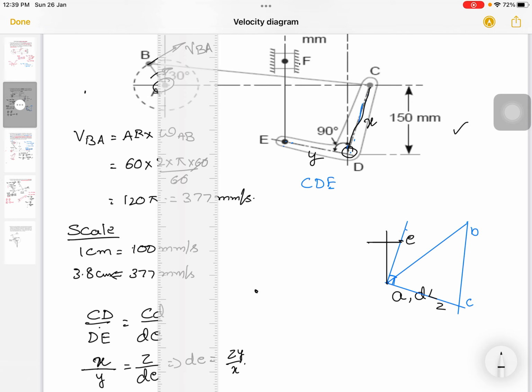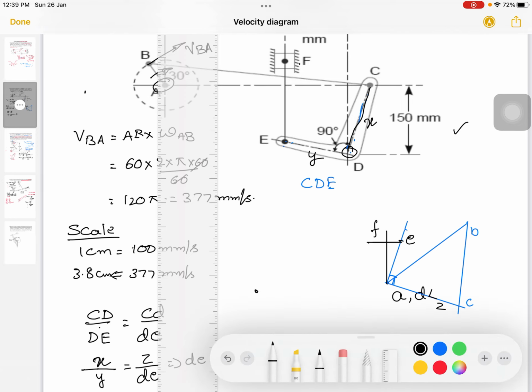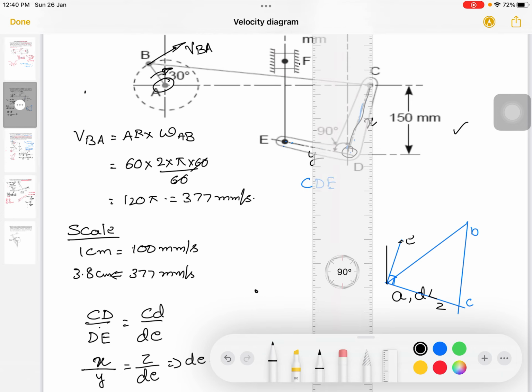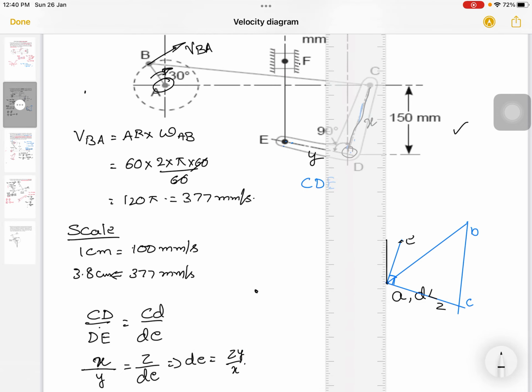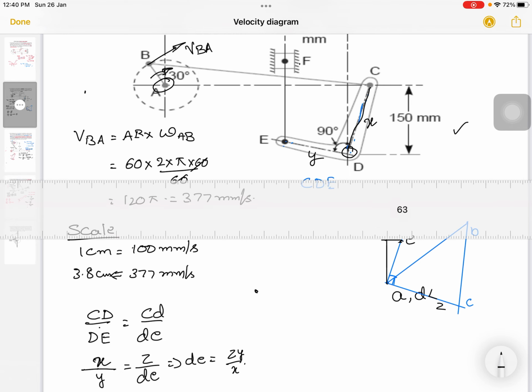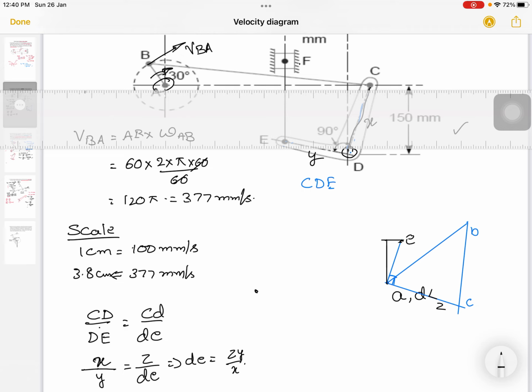Now this intersection point will be F. Okay, this is the velocity diagram for the given diagram.